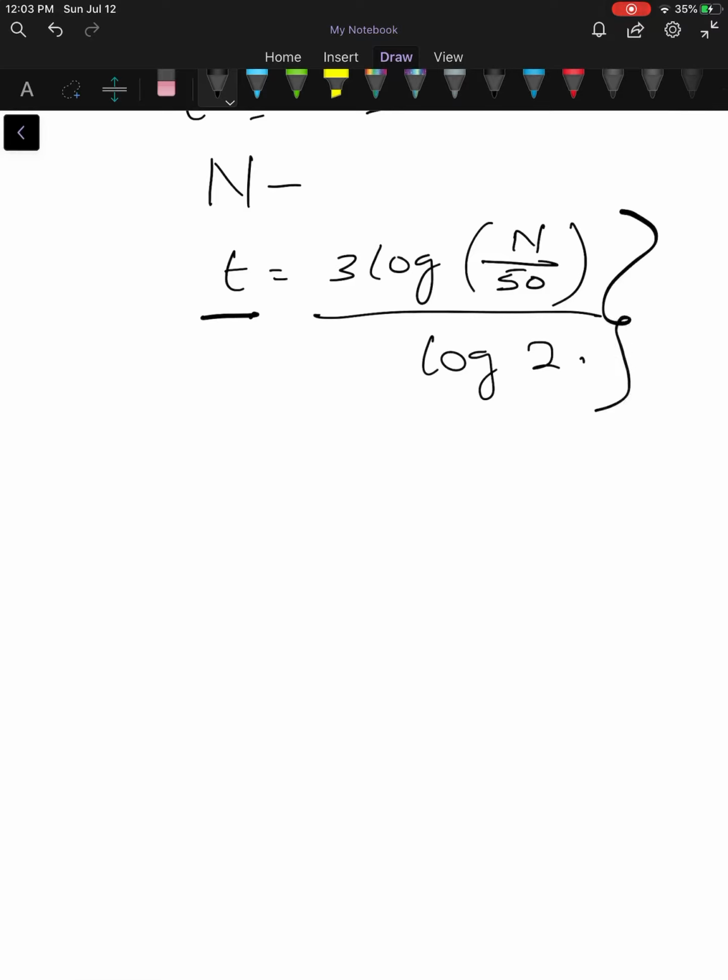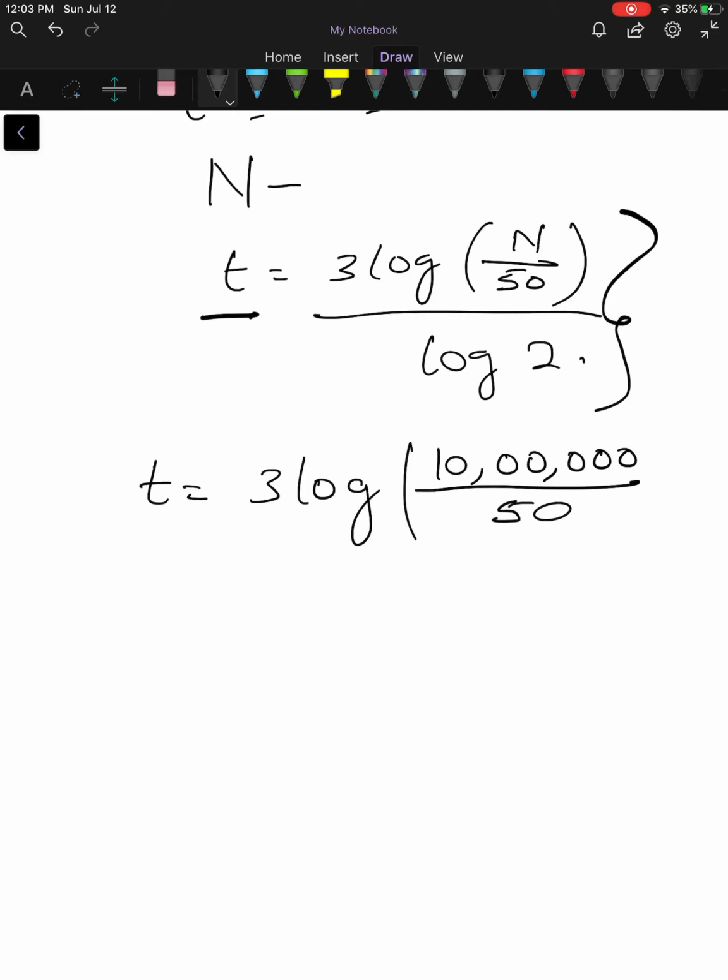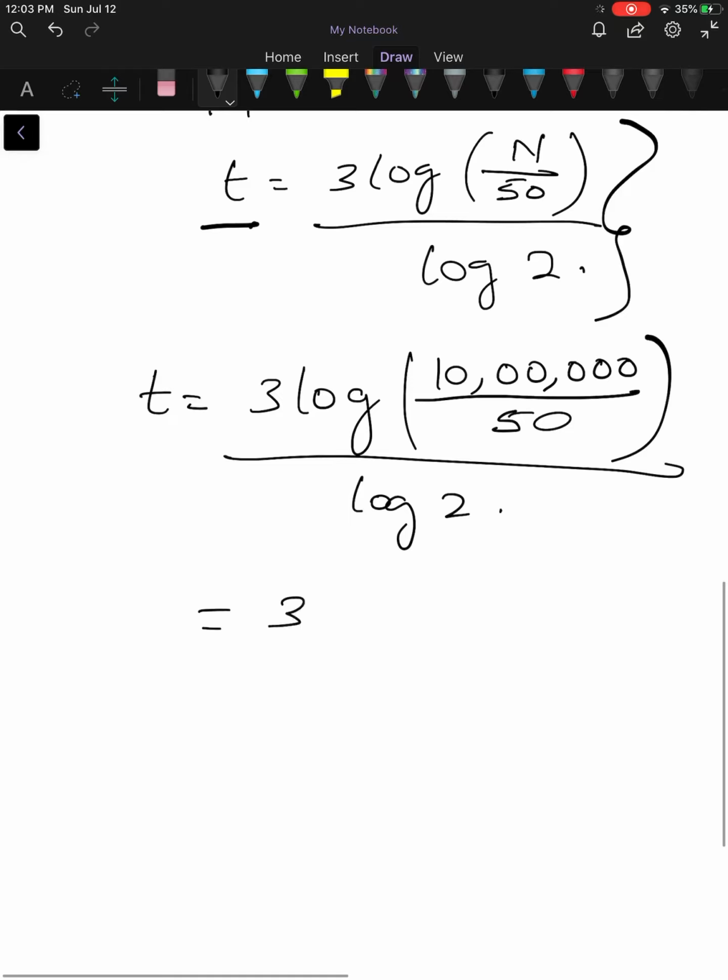How do we do that? We solve this for n equal to 1 million. So T is equal to 3 log of 1 million divided by 50, divided by log 2.